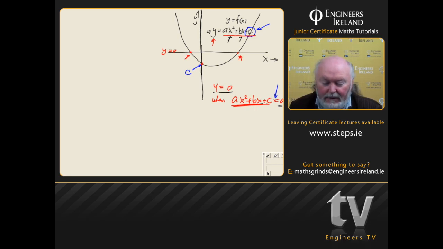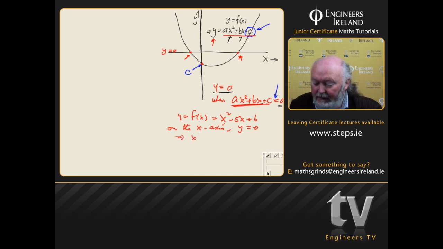If, for argument's sake, we are looking at points on the x-axis, y equals 0, that implies x squared minus 5x plus 6 equals 0.